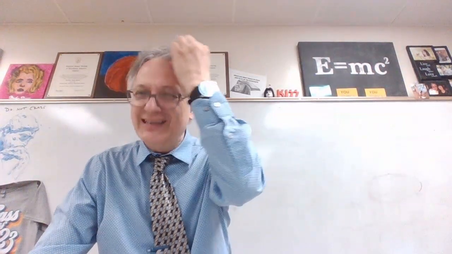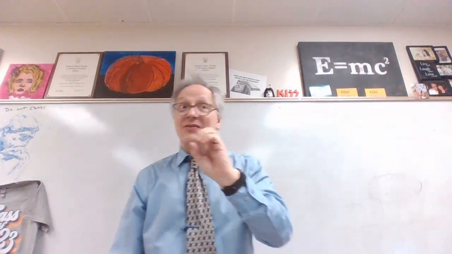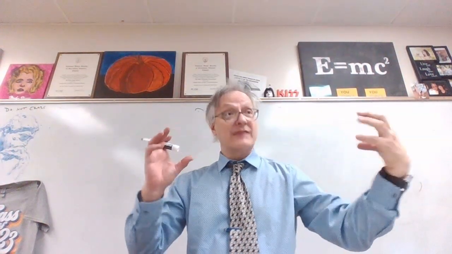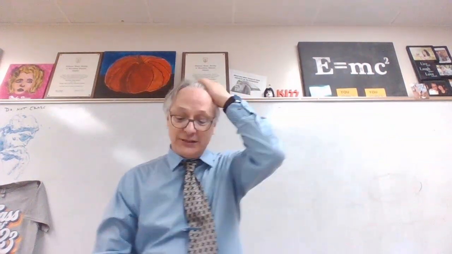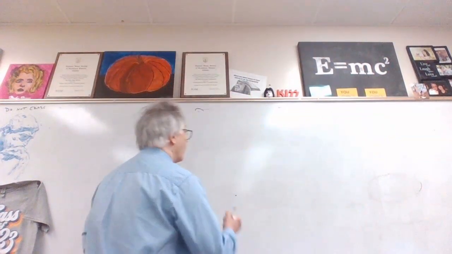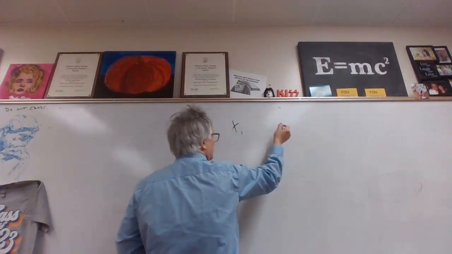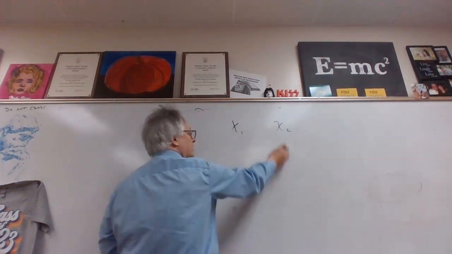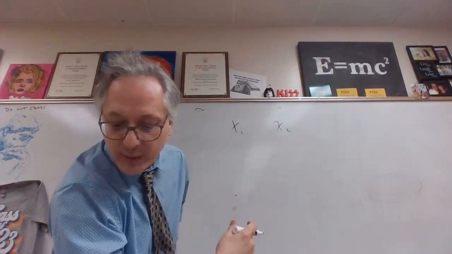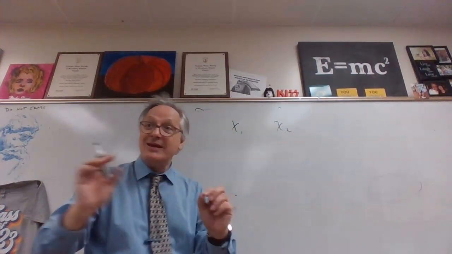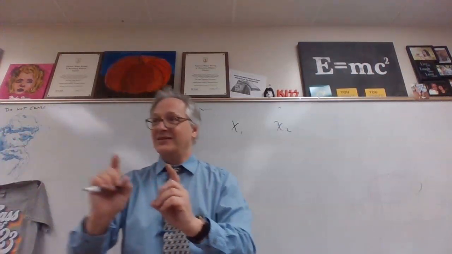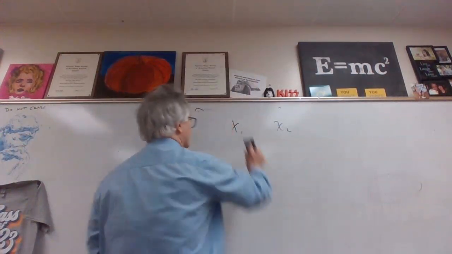Assume the solution is ideal. This is kind of reverse engineering the problem we just did. They want you to tell them the mole fraction of the propanol and the methanol. You have to think about your algebra skills here, and this is an exciting problem.